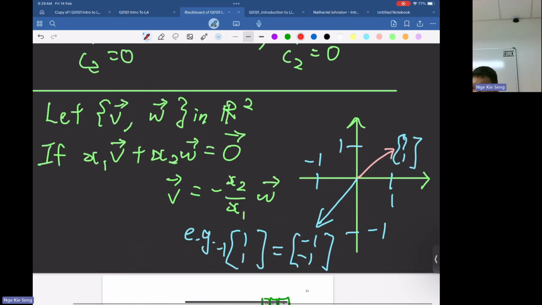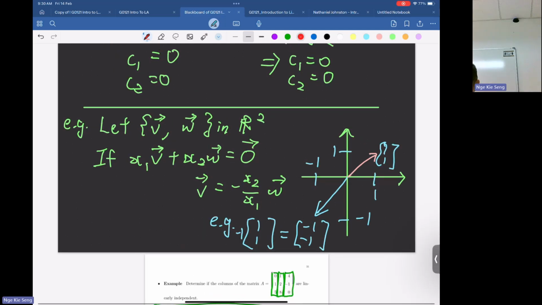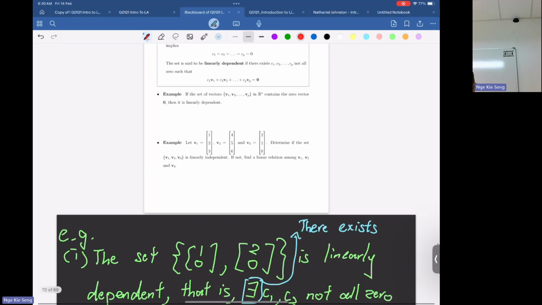If they are linearly dependent, then they are multiples of each other. Does it make sense? If neither of them is a multiple of the other, meaning the only solution is 0, then they are linearly independent.